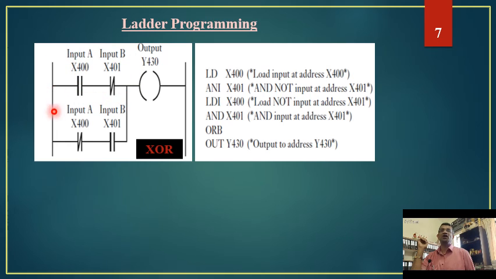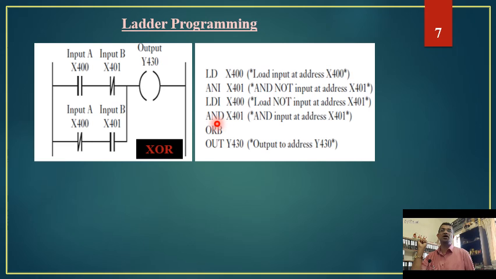Now we also have one more branch connected in parallel, for which first we are going to load X400. That is why again we have written LDI now. We have I because this is normally closed. So the loading takes place here, LDI at X400, and it is again connected in series, so that is why an AND operation.